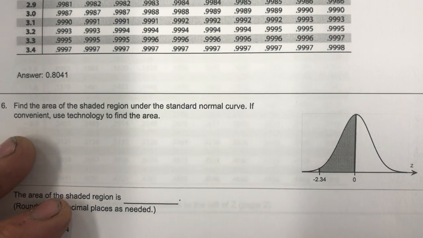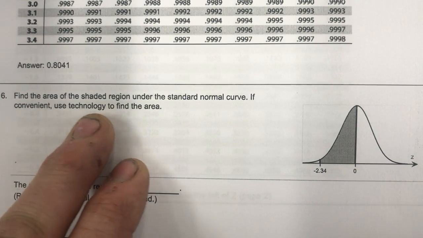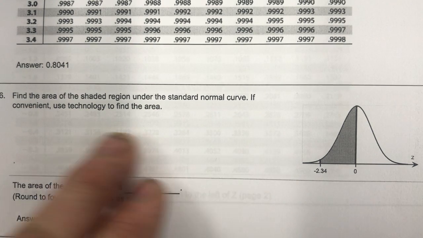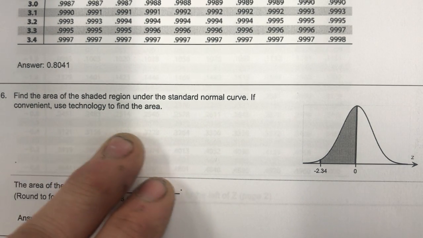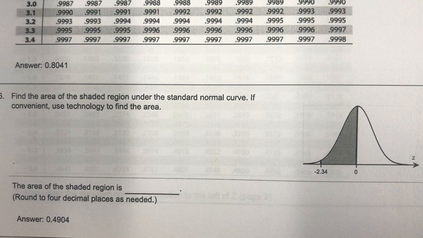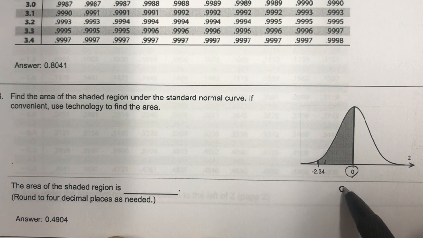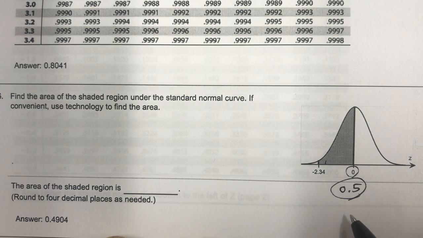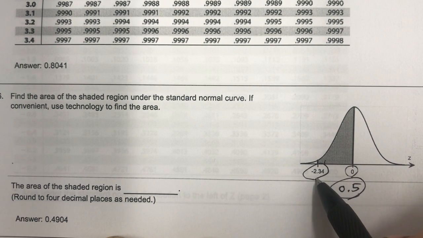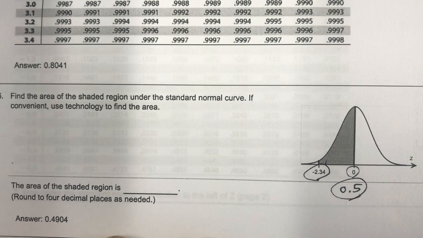Number 16. Find the area of the shaded region under the standard normal curve. If convenient, use technology to find the area. I want between those two values. Here's 0, and 0 automatically is 0.5 all of the time. Now, I got to look up negative 2.34.